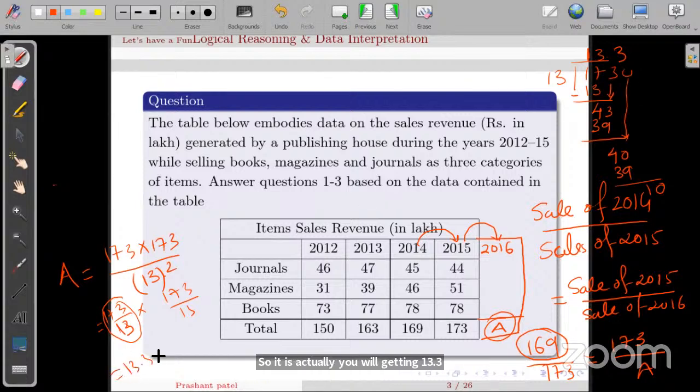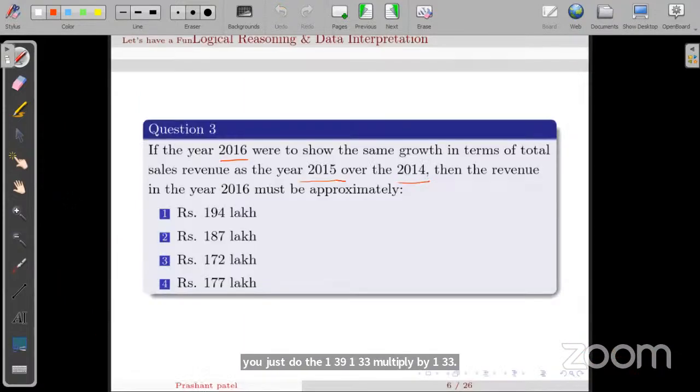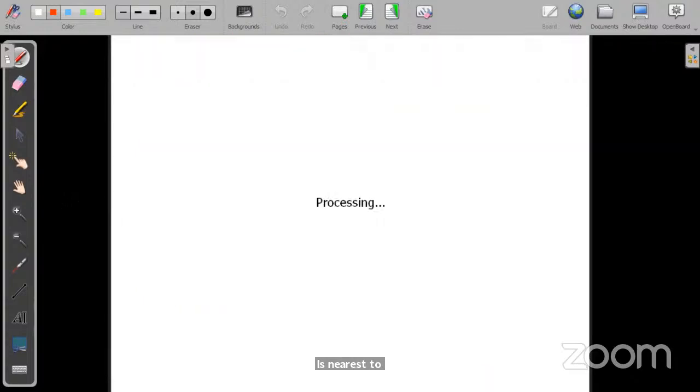So this is 13.3 multiplied by 13.3, and 13 into 13 point 3 is 133. So we make a square of this, 13 square, which we know is 169, but there is also 0.3 that you need to add. So you just do 133 multiplied by 133, and see which answer is nearest to that. You need to calculate first, because one is not nearby.